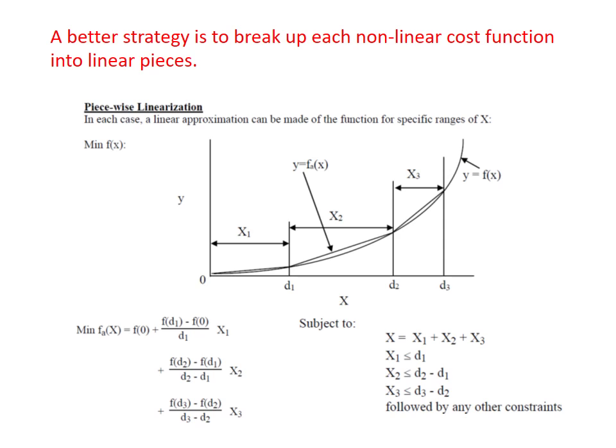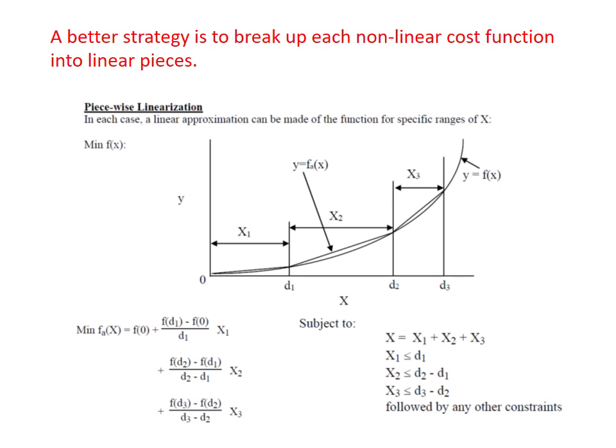And each one of those is basically telling us, x1 describes the level of production between 0 and D1, and x2 describes the level of production between D1 and D2 on the x-axis, and x3 describes the level of production between D2 and D3.